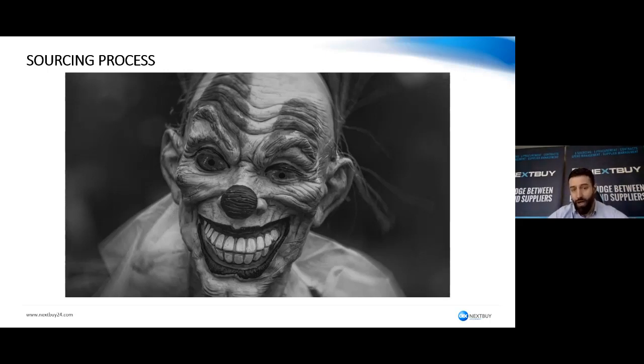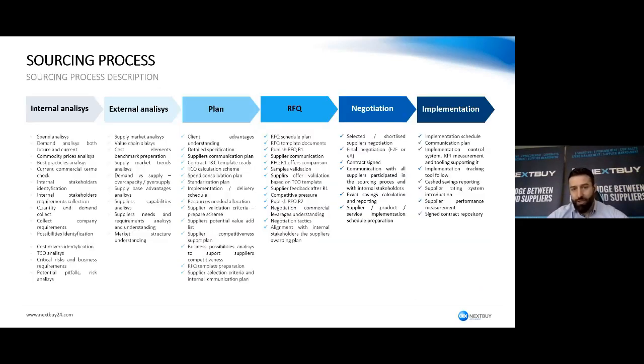Those are catalog products. If you look at the process, and that's why I'm a big fan of process: when in doubt, just keep calm and follow the process. So here is the typical sourcing process. We just didn't do it right.